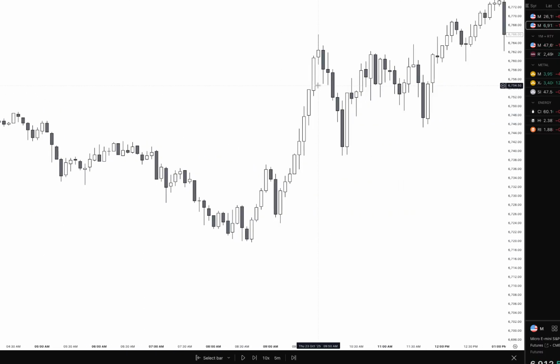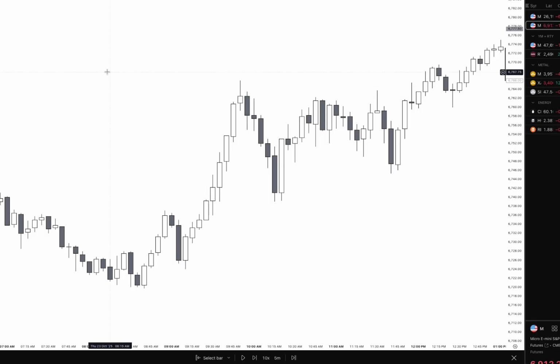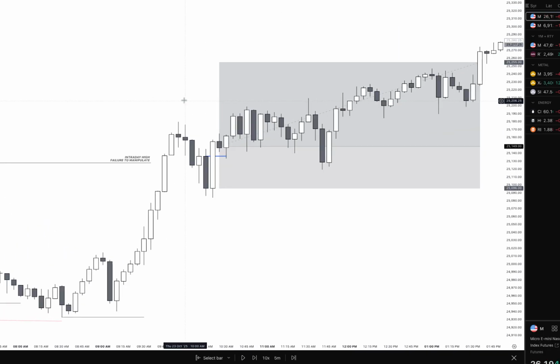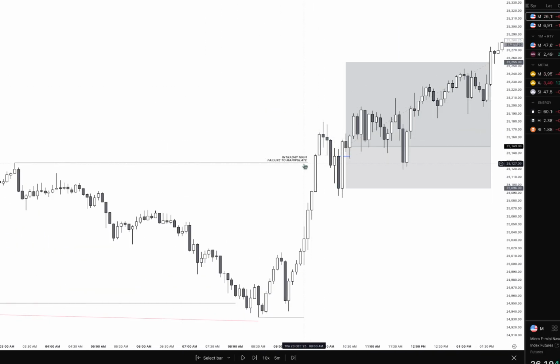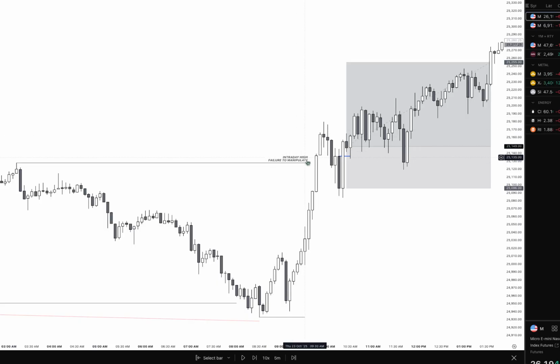But when it came to the entry, ES gave a very long retracement, while Nasdaq stayed basically around the high, the intraday high.